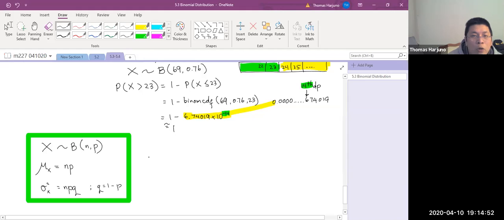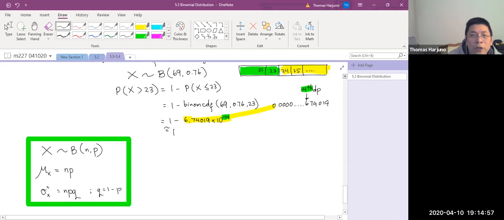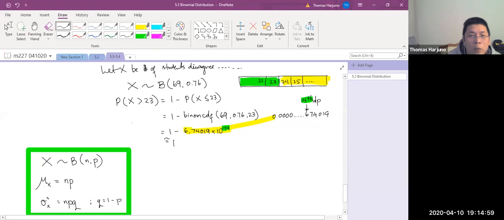Now, suppose I continue from our previous question. X is binomially distributed with n equals 69 and probability of success, in this case the probability that the student disagrees, is 76%. Then, if you have 69 students, how many of them do we expect to disagree with the way our president handled the pandemic?